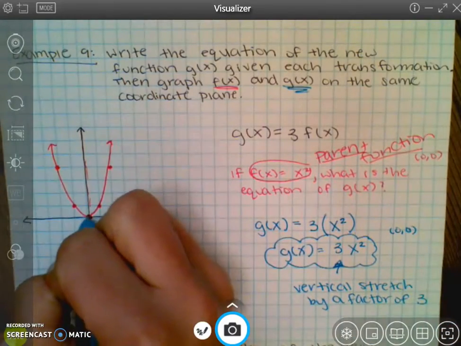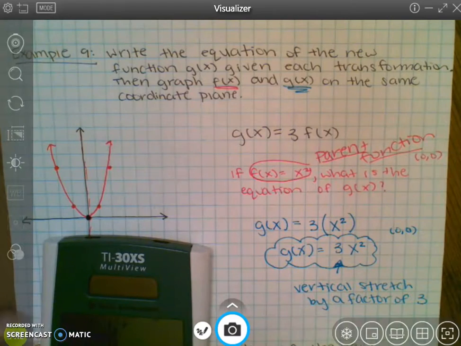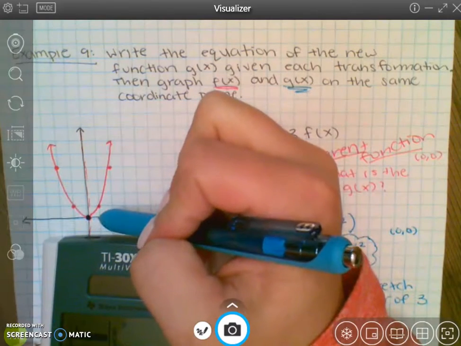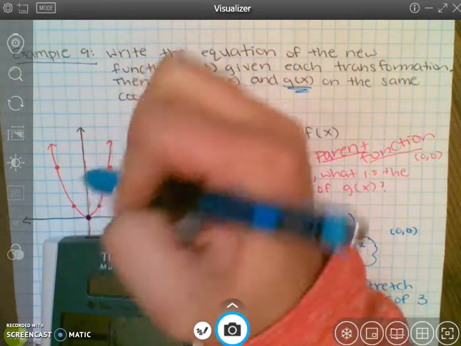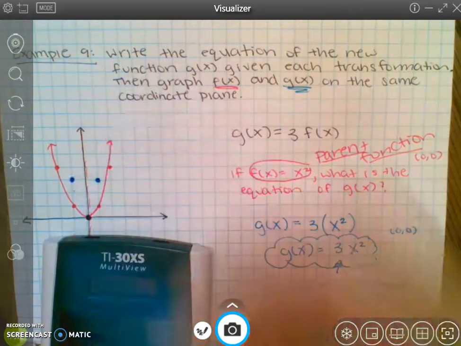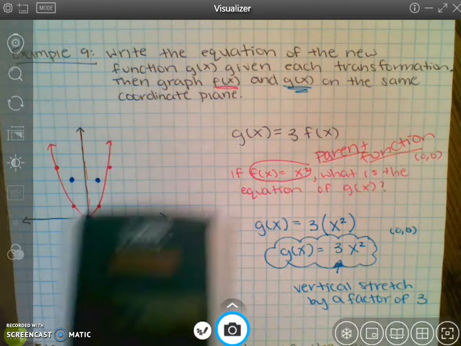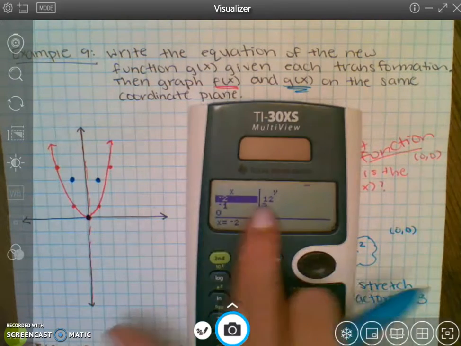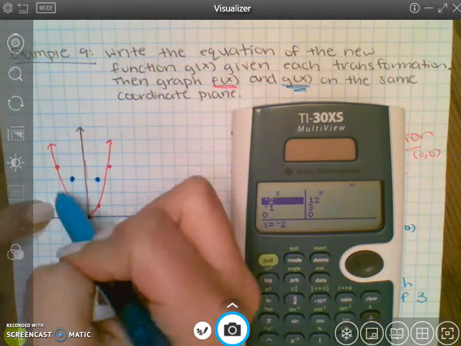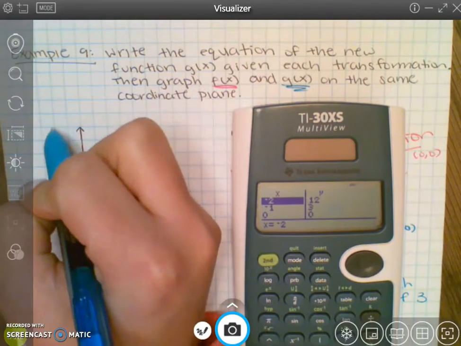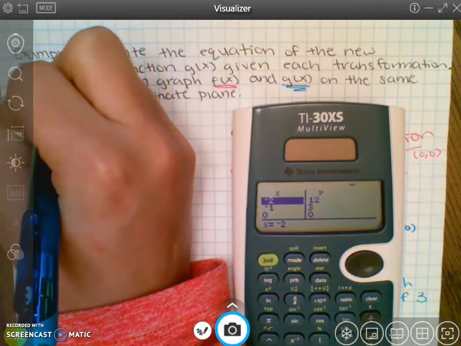So I'm going to draw that down on top. Let's see. 1 is at 3. 1 is at 1, 2, 3. And -1 is also at 3. Then let's just go to -2. -2 is at 12. Oh, sorry, you can't see that. -2 is at 12. So 1, 2, 3, 4, 5, 6, 7, 8, 9, 10, 11, 12.